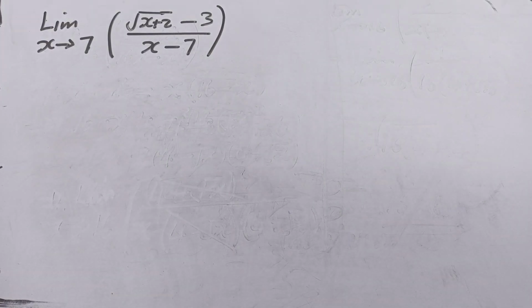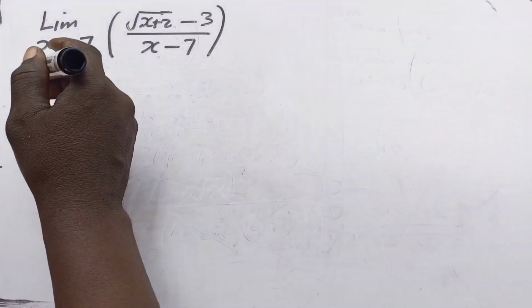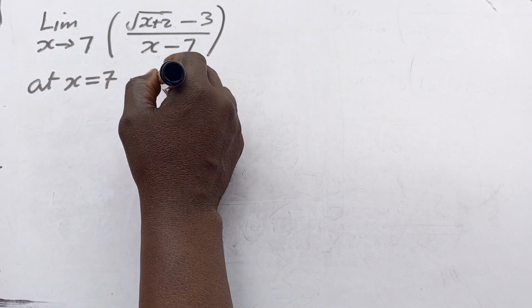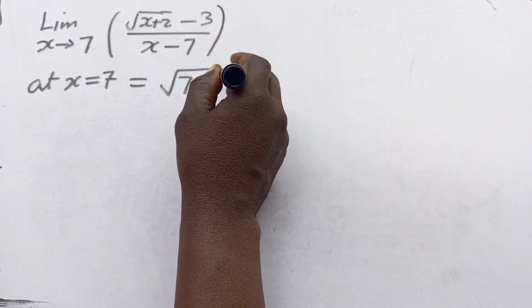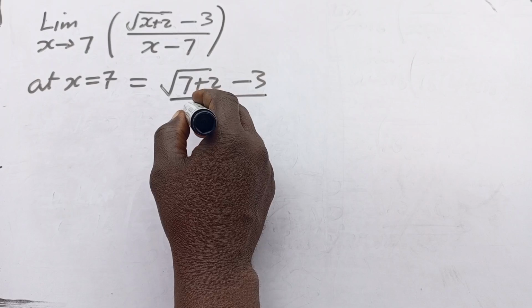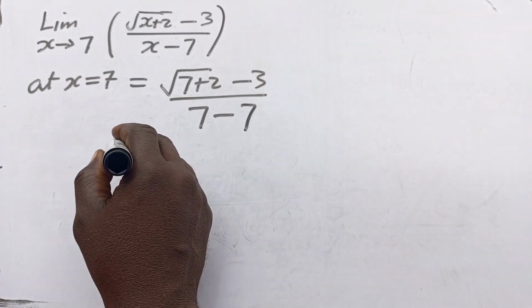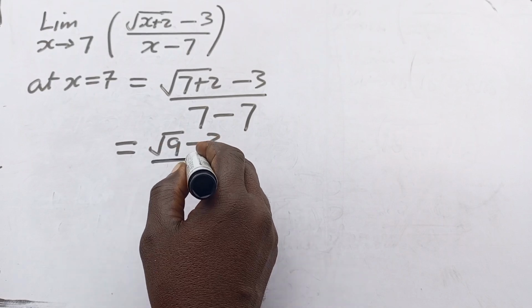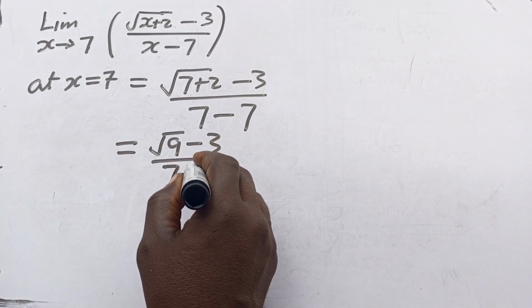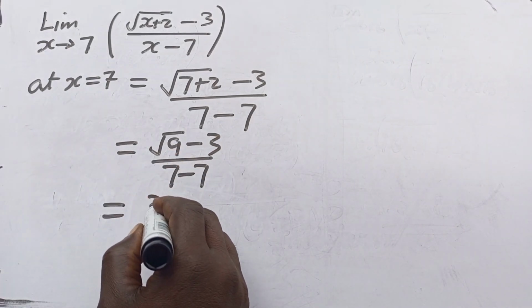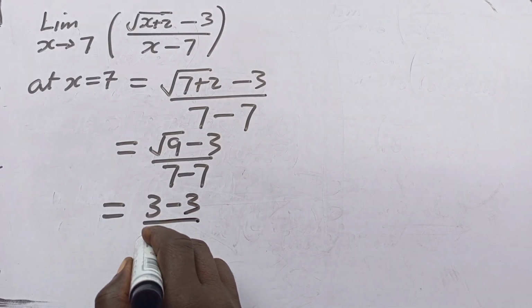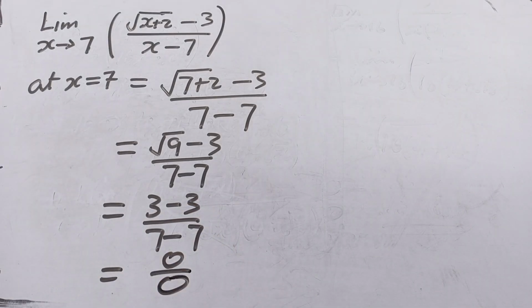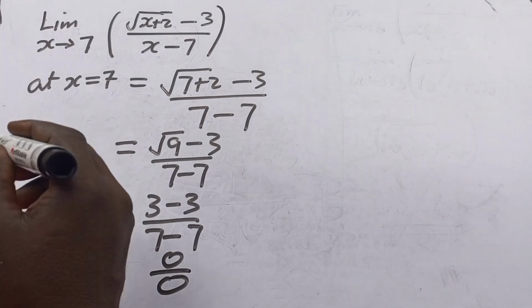Let's demonstrate that. At the limit point 7, we have root of 7 plus 2 minus 3 all over 7 minus 7. This gives us root of 9 minus 3 all over 7 minus 7. Root of 9 is 3, so we have 3 minus 3 all over 7 minus 7, which gives us 0 over 0, which is indeterminate.